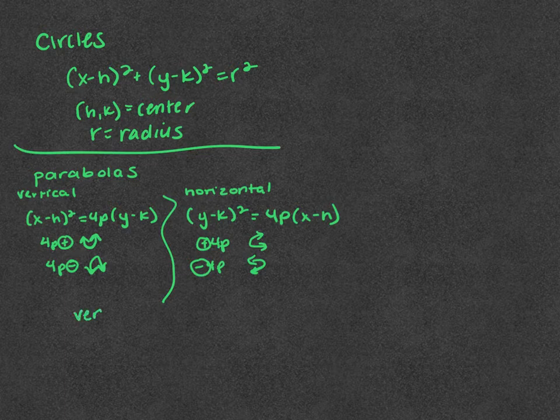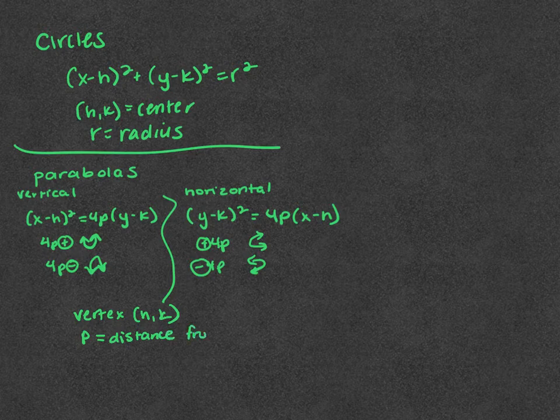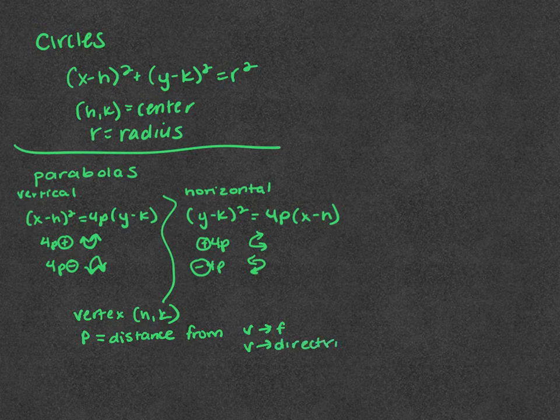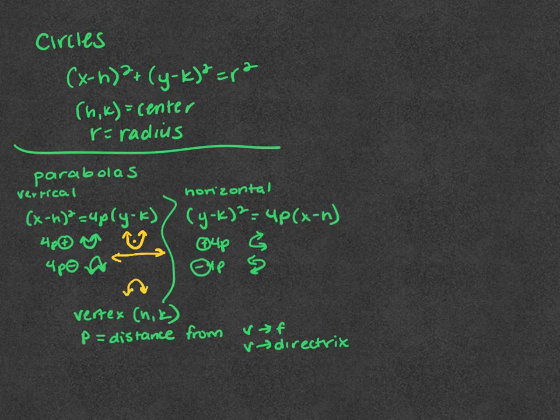Your vertex is h, k. Again, p is the distance from the vertex to the focus and the vertex to the directrix. If it points up, then your focus is inside and your directrix is below it. If it points down, your focus is still inside, but your directrix is above it.